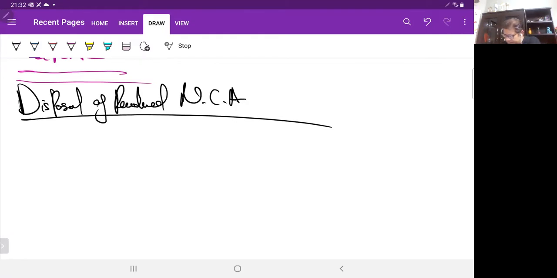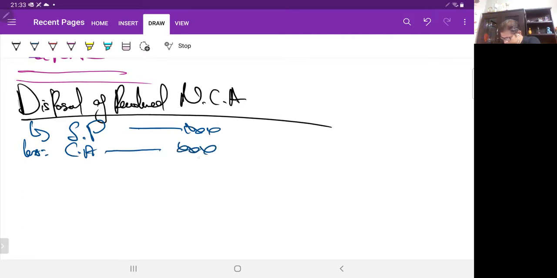So how will we do that? Simply, sale proceeds less carried amount, and we will get gain or loss on disposal. Simple.